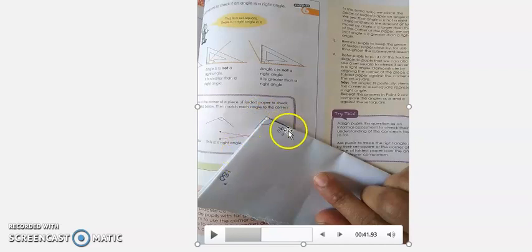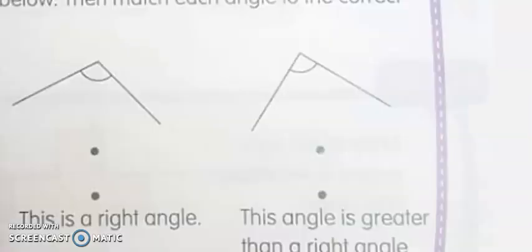After that, you will observe if this 90 degree line is connected to the line of the shape, it means this is a right angle. So my first shape, this one, is a right angle.